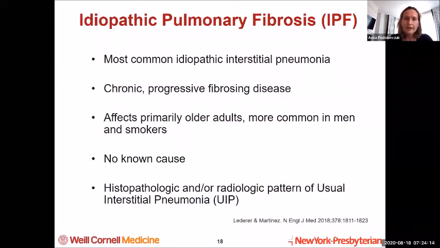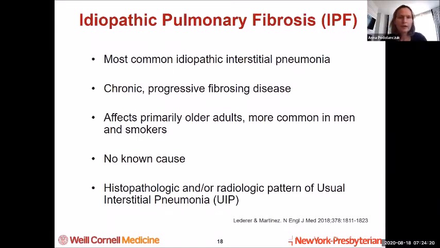So idiopathic pulmonary fibrosis, or IPF, is the most common idiopathic interstitial pneumonia. It is a chronic progressive fibrosing disease. It affects primarily older adults, and it's more common in men and smokers. It has no known cause, and it's defined by the histopathologic or radiologic pattern of usual interstitial pneumonia, or UIP.